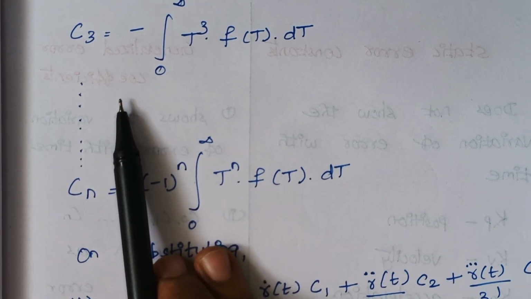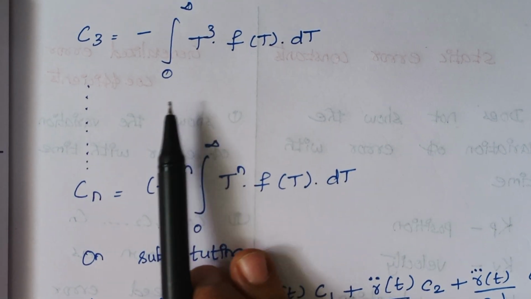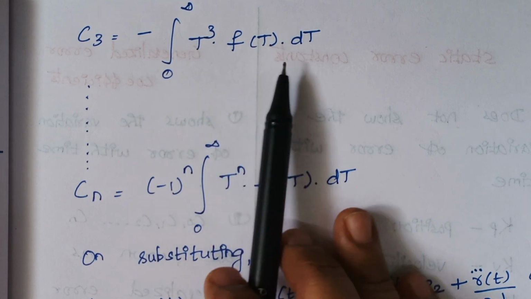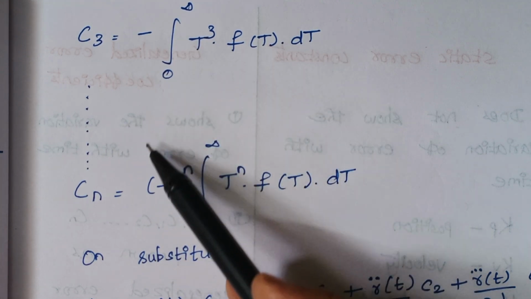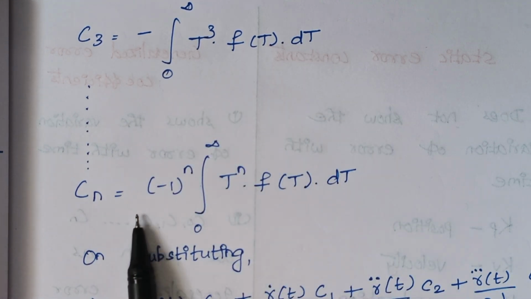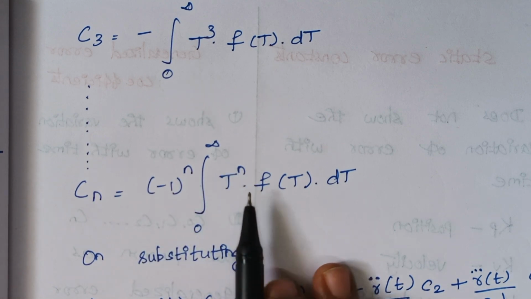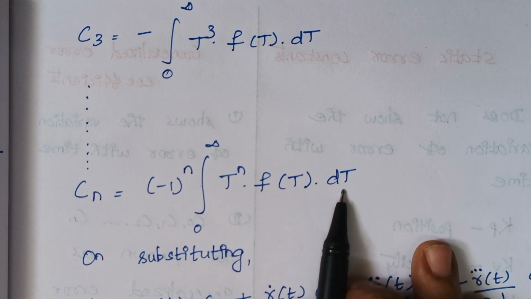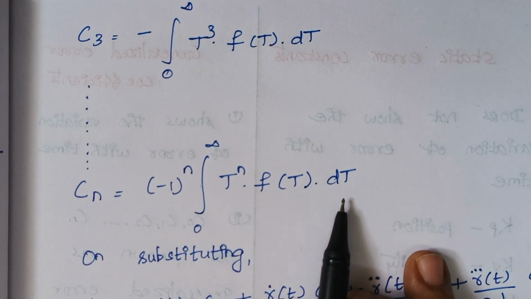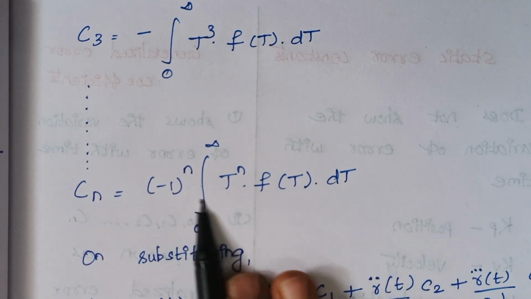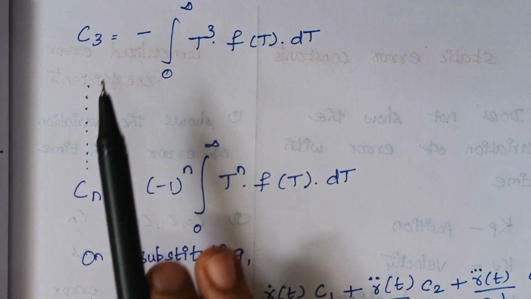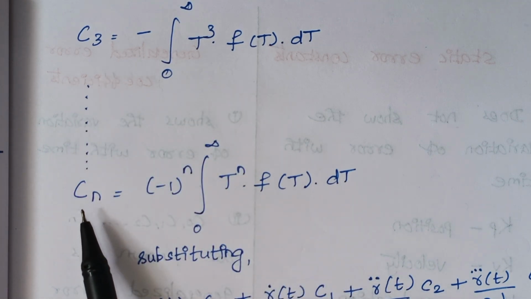For c3, again minus the integral from 0 to infinity of T cube into f of T into dT, and finally it goes on, so cn is equal to minus 1 to the power n times the integral from 0 to infinity of T to the n into f of T into dT.